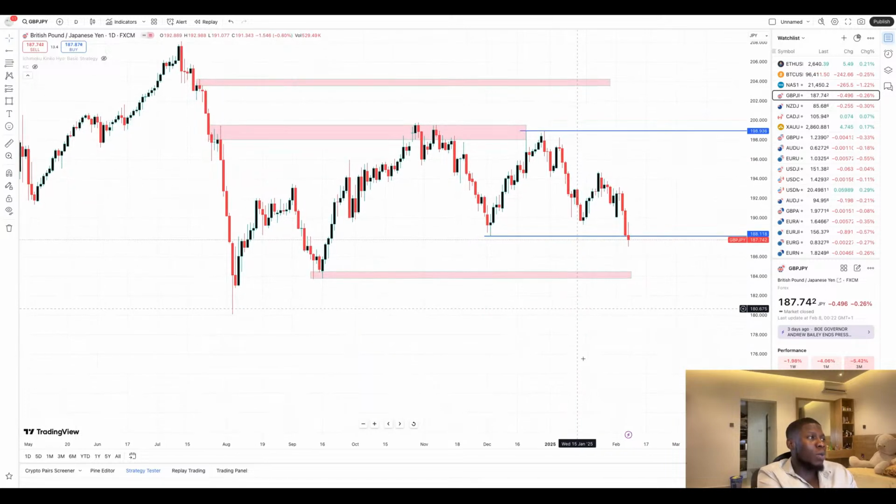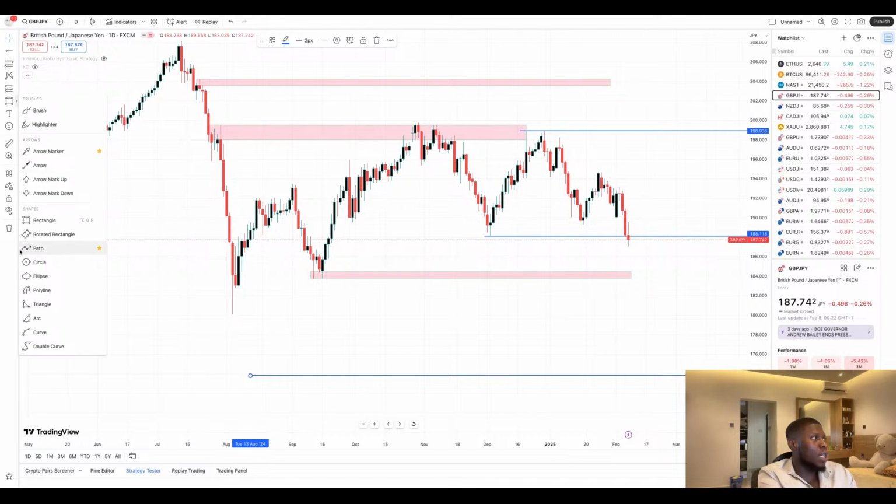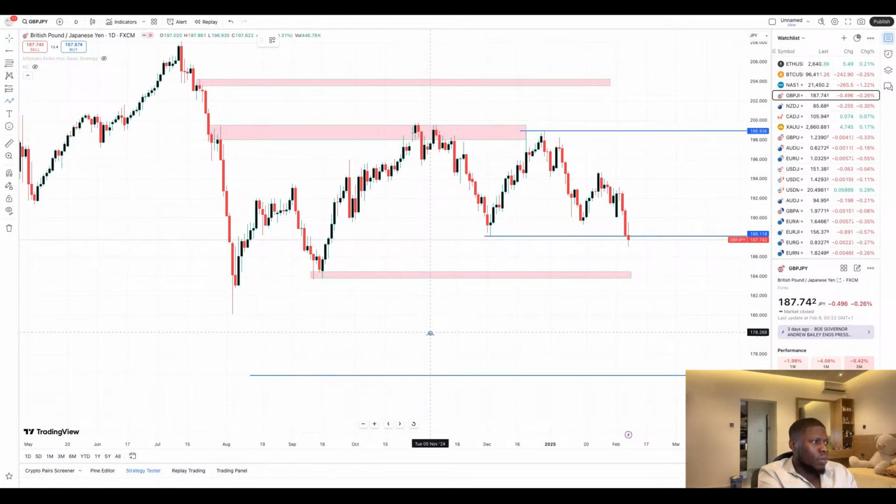A sign of a good support is when there is a good bounce at the support. Let's say market was coming down to your support, you should be expecting a quick reaction immediately.